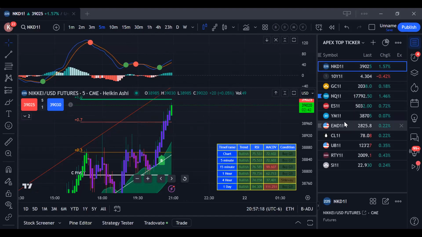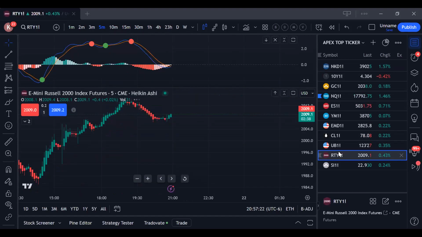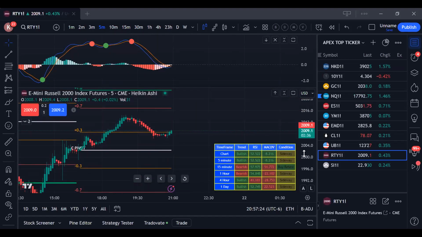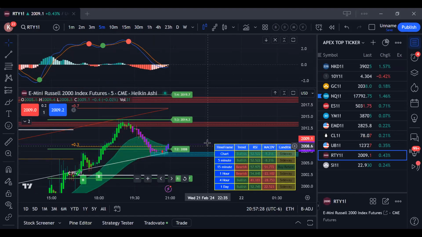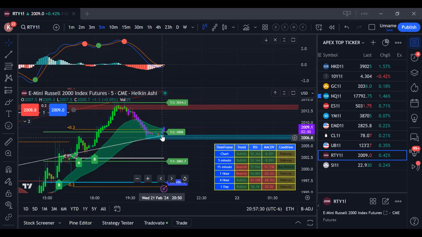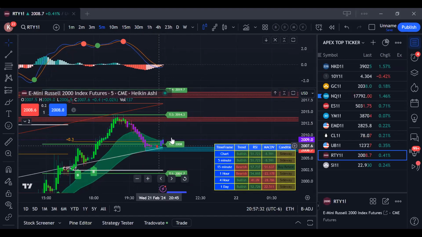ES, NQ, YM, RTY, they all generally move in the same direction. So even this one is also looking good for long. It touched the support, going up now.